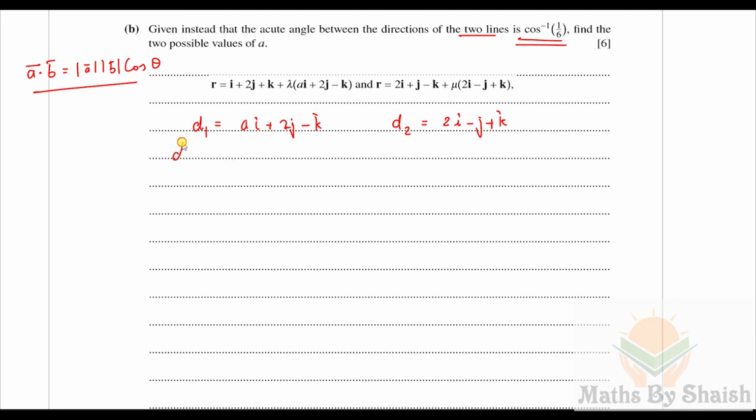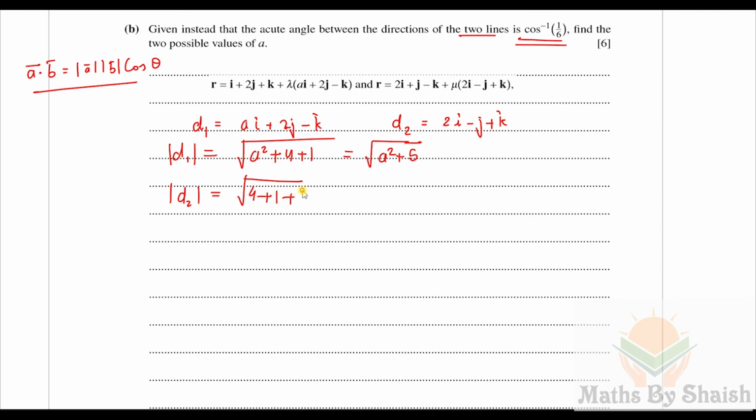So we'll use this formula here, and we'll first find the modulus of the first direction vector D1, that is going to be square root of a square plus 2 square, that is 4, plus minus 1 square, that is 1, that is root of a square plus 5. And similarly the modulus of the second vector is going to be square root of 2 square is 4, plus 1 plus 1, that is root 6.